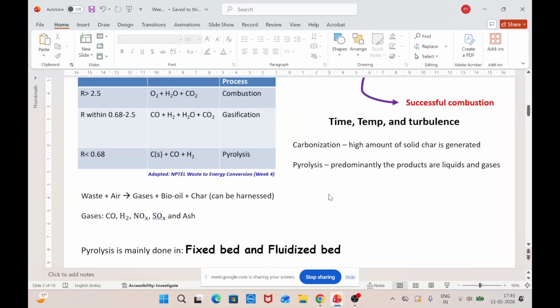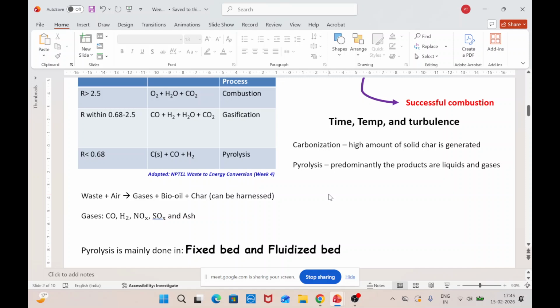The main problem with all these systems is the nature of the feedstock. Even though we do some segregation and pre-treatment before sending the feedstock to a combustor, a gasifier or a pyrolysis reactor, the nature of the feedstock does not remain uniform, and it tends to vary depending upon the batch-to-batch waste that gets generated.